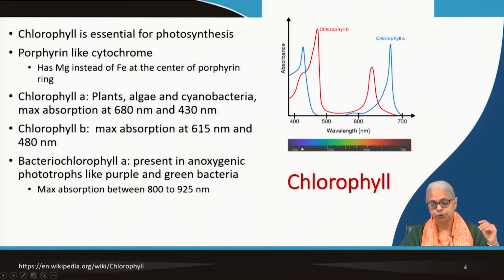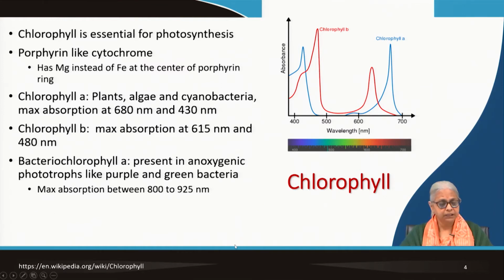The highest absorption is in the blue region and the red region. Both chlorophyll A and B are absorbing light in the blue and red regions. The maximum absorption for chlorophyll A is at 680 nanometers as well as 430 nanometers, and chlorophyll B has maximum absorption at 615 nanometers followed by 480 nanometers.